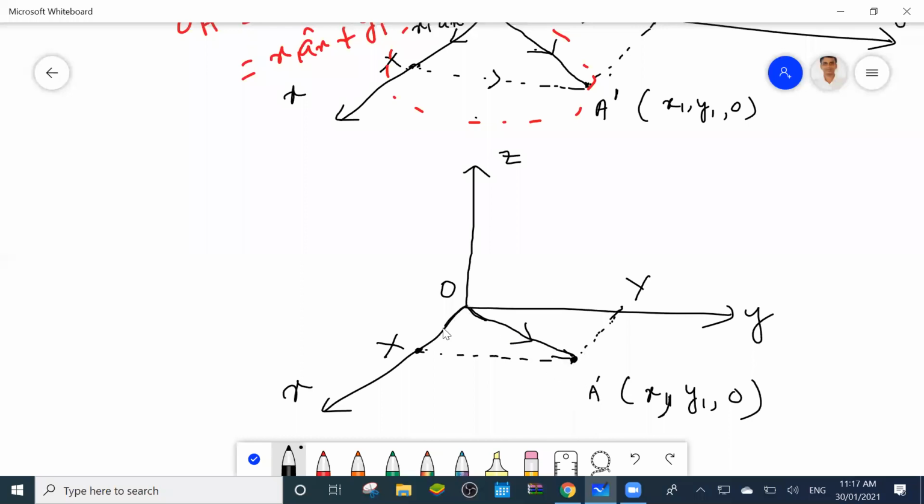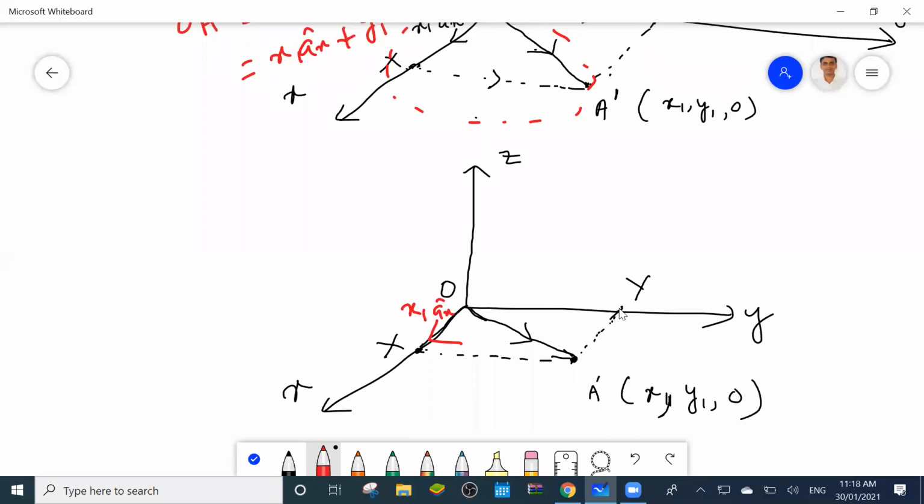If the magnitude from O to X is x1, then in terms of vector, OX has magnitude x1 and unit vector ax cap. This is clear or not? Clear, sir.